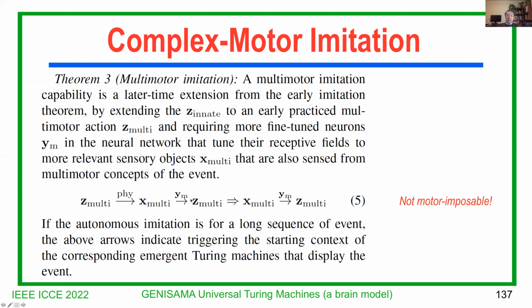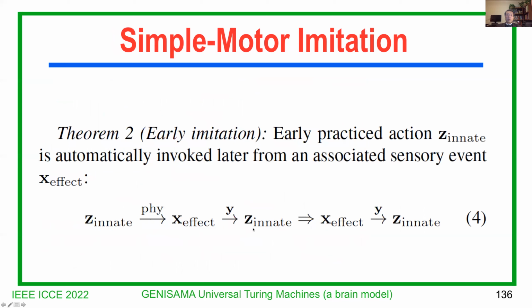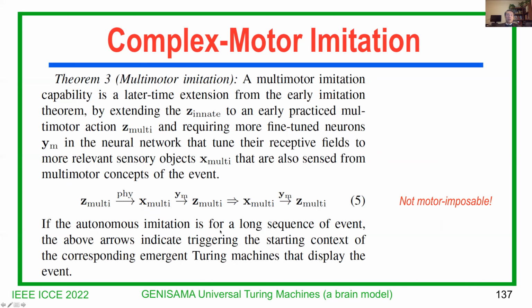So very much like we had before here, except that we use the new subscript. I practice this one from innate behavior, and I become multi because, for example, I can dance, and then the multiple limbs start to move together, and that will give me sensory inputs.